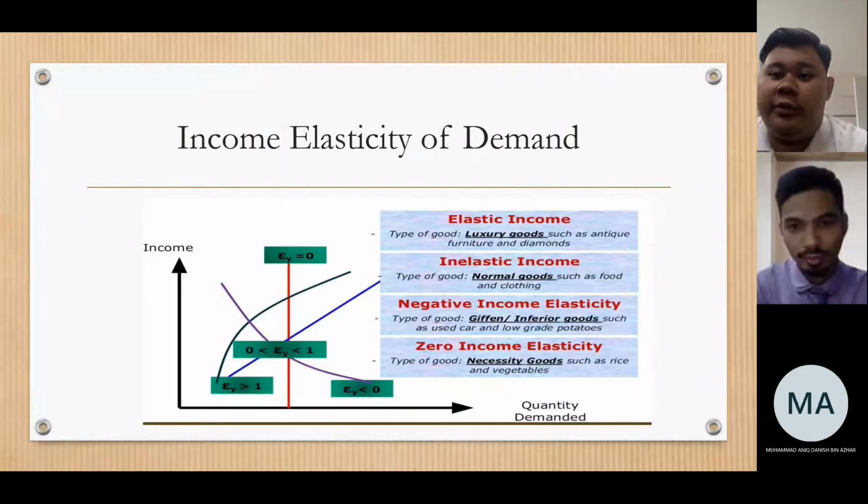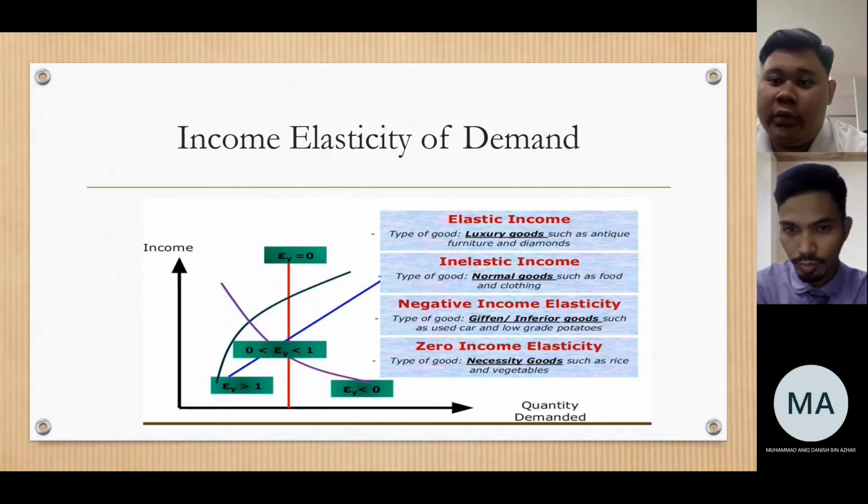The types are elastic income, inelastic income, negative income elasticity, and zero income elasticity.